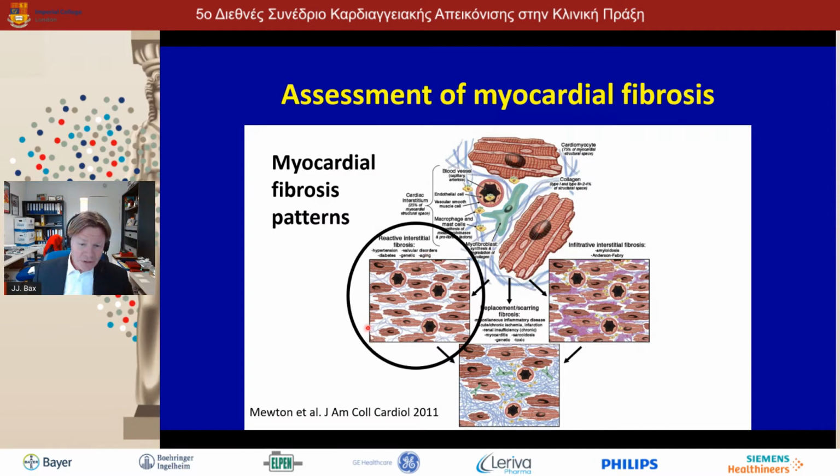If we look at that situation, we see here blood vessels, microvascular arteries, and myocytes, and then in between we see fibrosis coming. All that gray-blue here is fibrosis.